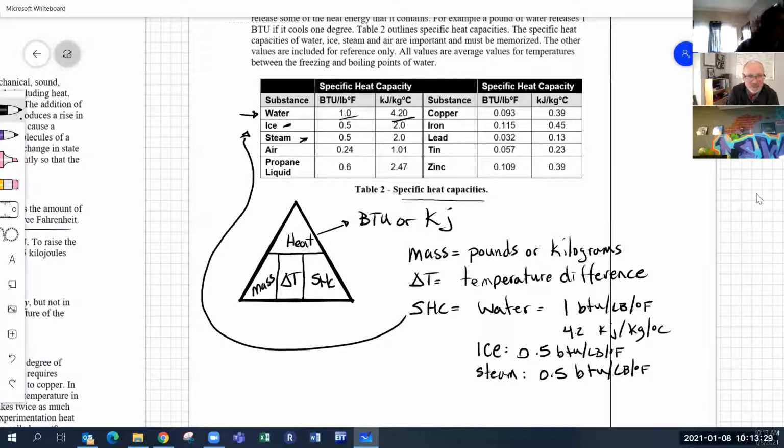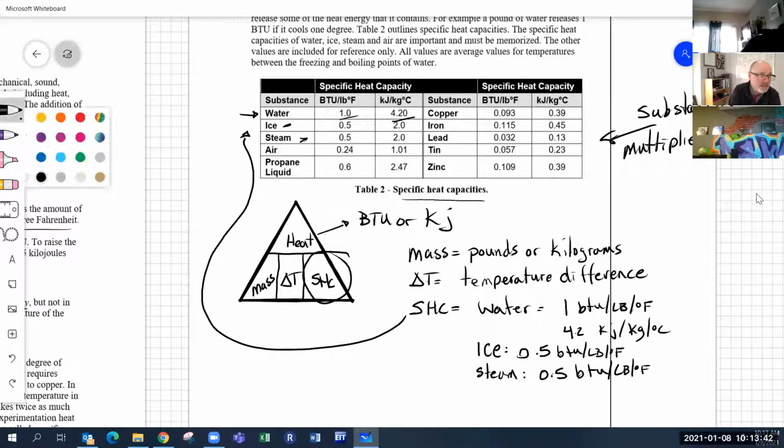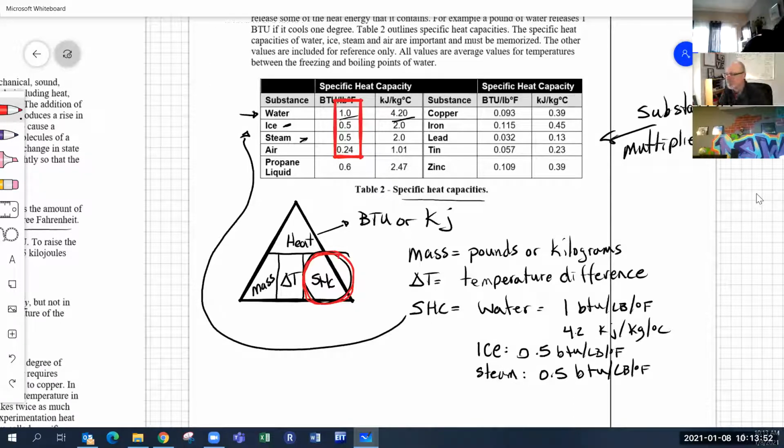So this table gives us our substances, and it gives us our multiplier. This specific heat capacity, let me make it red, is our multiplier, and then they give us our numbers in here. So these are the numbers we need to calculate a sensible heat equation.